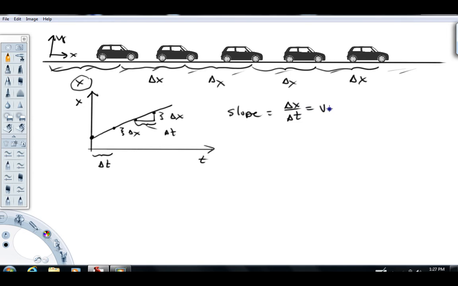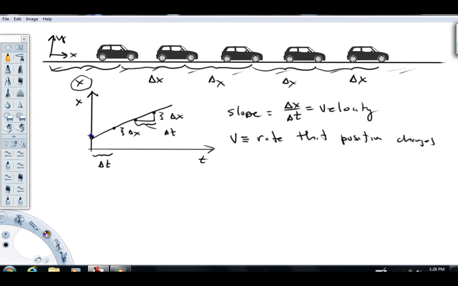And this is what we call the velocity of the car. So I like to define velocity like this: velocity is defined as the rate that position changes. In this example, the velocity is basically constant.